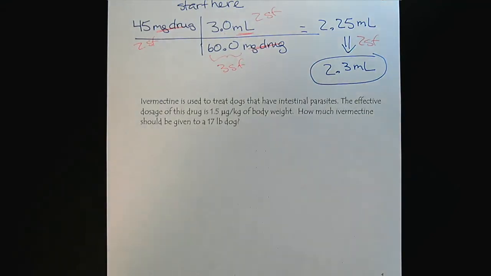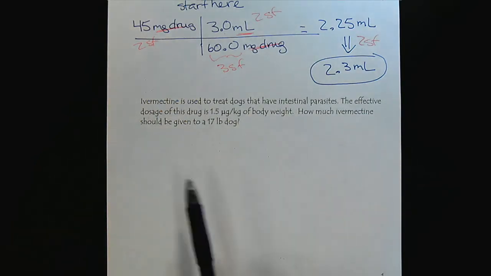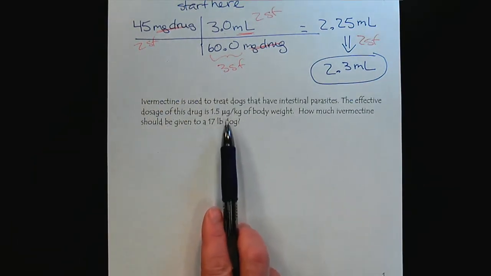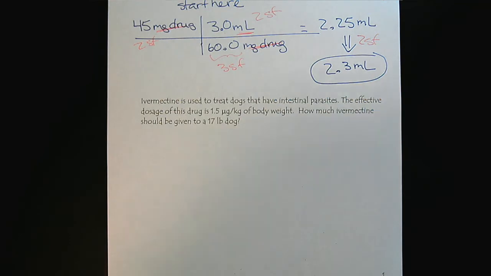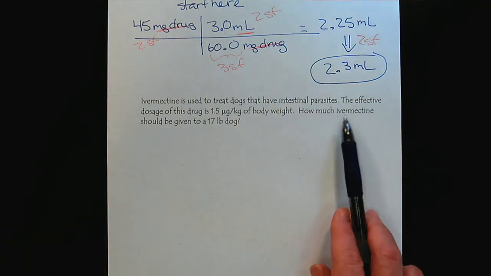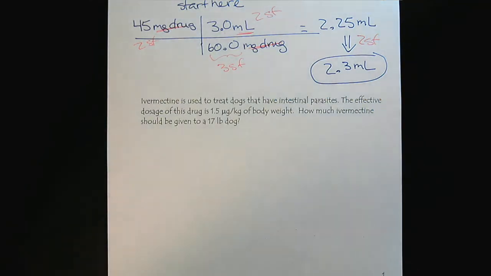Ivermectin is a drug that is used to treat dogs that have intestinal parasites. The effective dose for this drug is at least 1.5 micrograms per kilogram of body weight for the animal. So how much ivermectin should be given to a 17-pound dog?